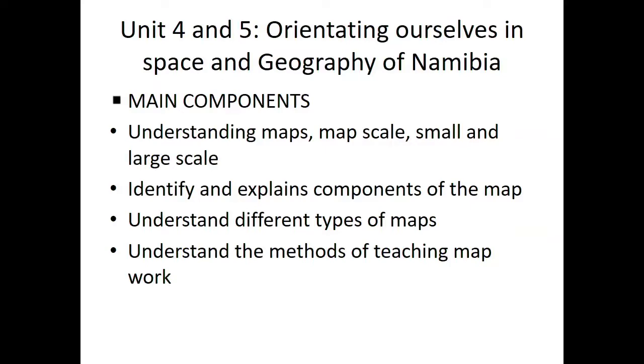So it's through maps that one can orientate himself or herself in space and understand that if we say Namibia, the size is 824,000 kilometers squared, what does it mean? How is that relative to your constituency? If your constituency is, for example, only 20,000 kilometers squared, the student will now get an understanding.